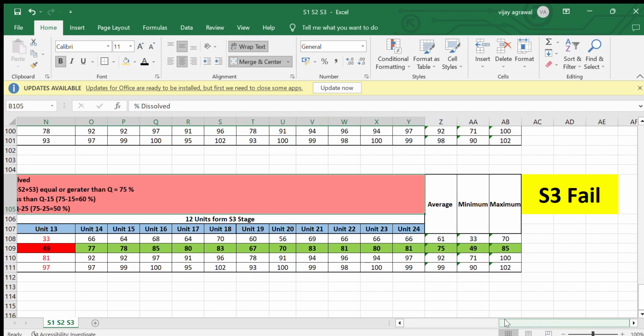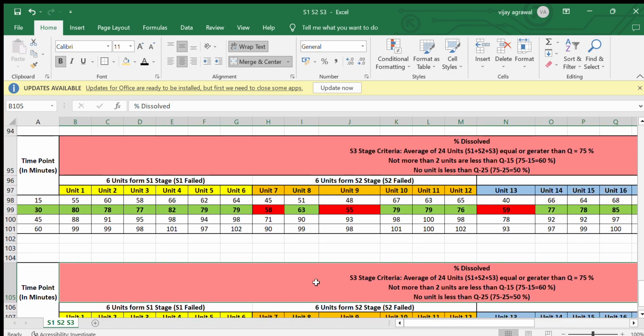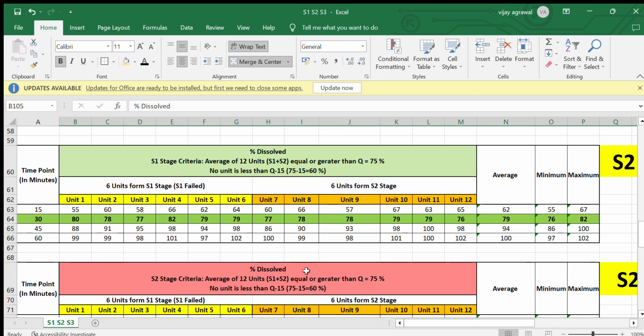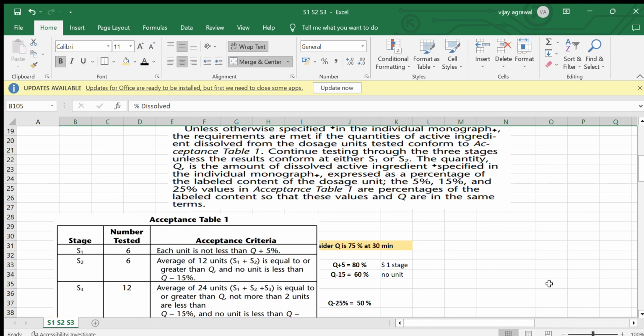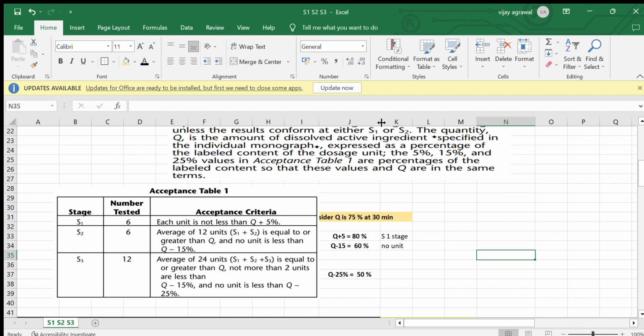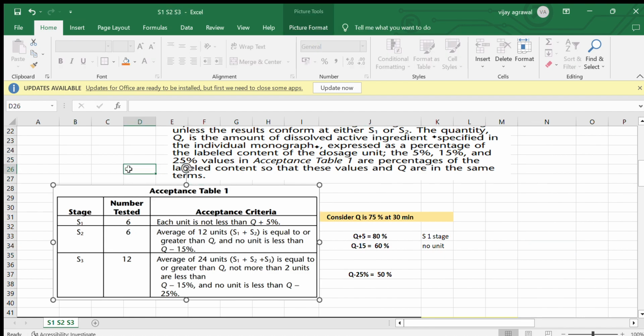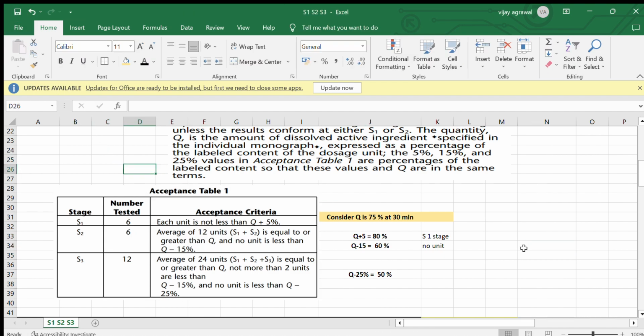Now you will have a question: what if S3 stage fails? So if S3 stage fails, then there is no remedy for the dissolution testing. This indicates that the dissolution testing is failed and we have to investigate the reasons for the failure, and these are investigated by OOS, that is out of specification results.